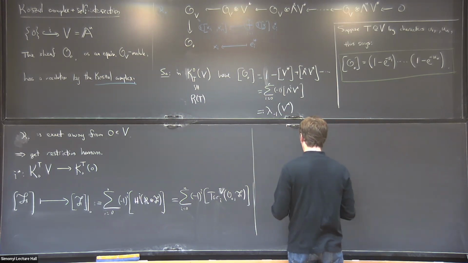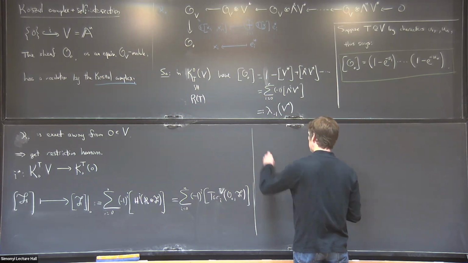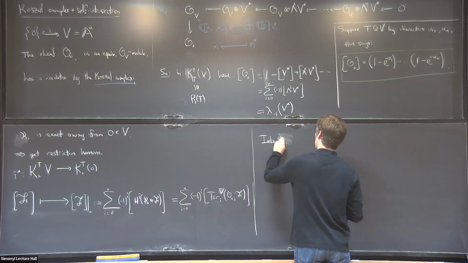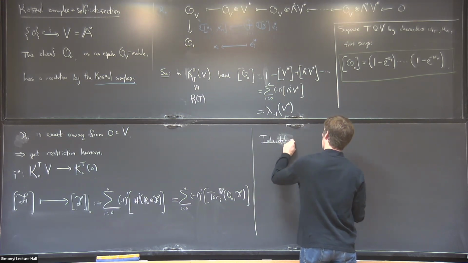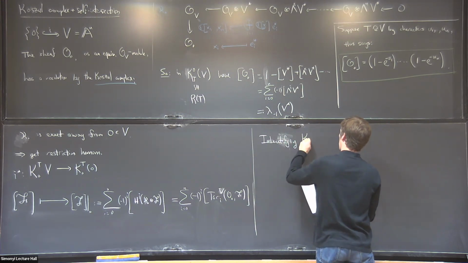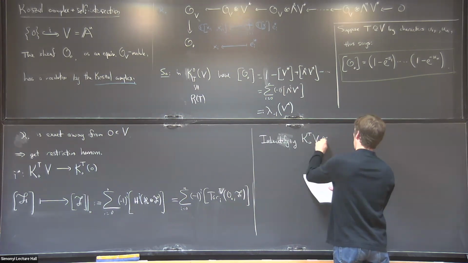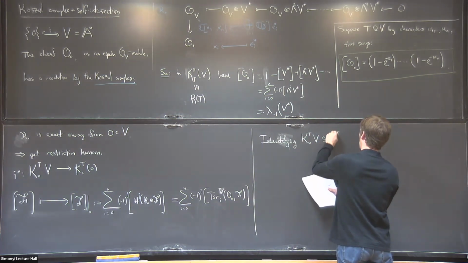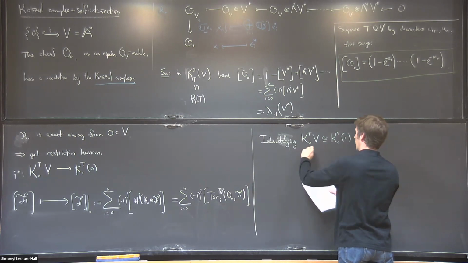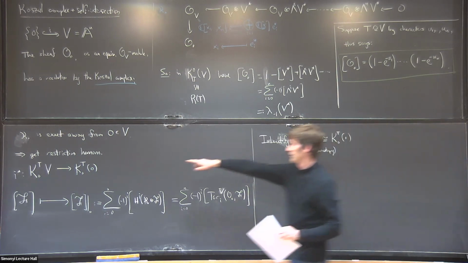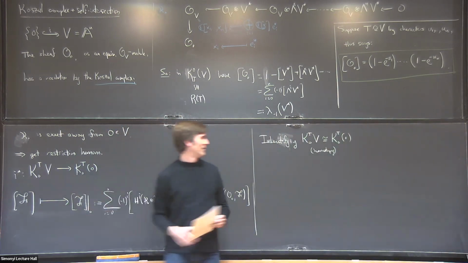Okay, so in identifying, again, by homotopy, this is the homotopy property from before. Not by this map, right?